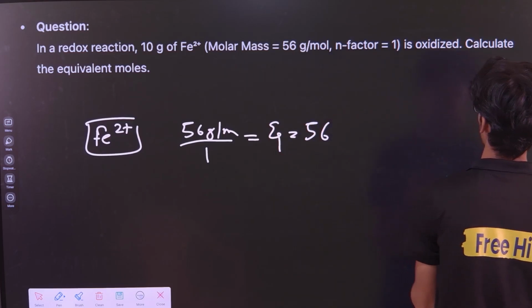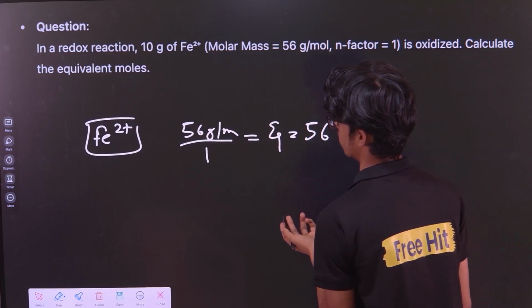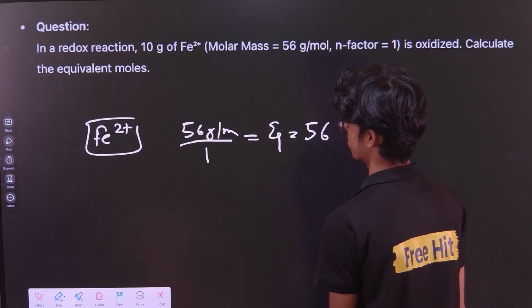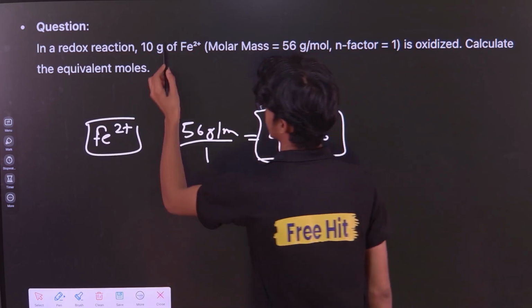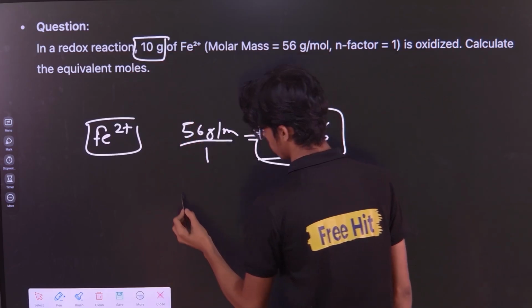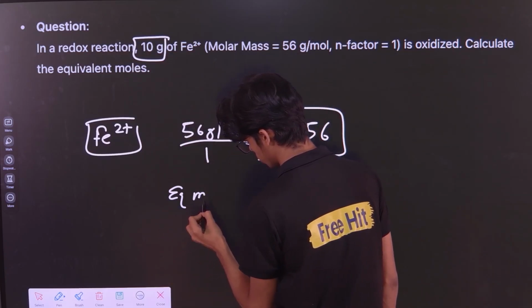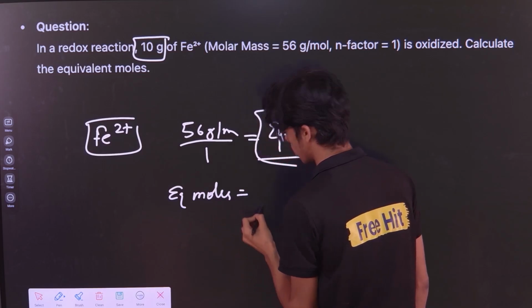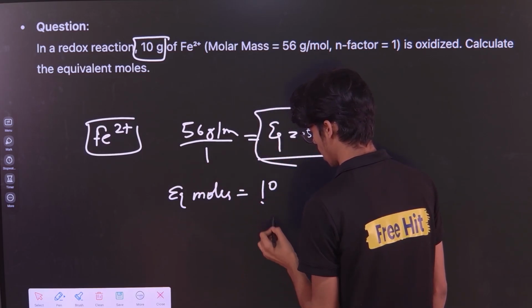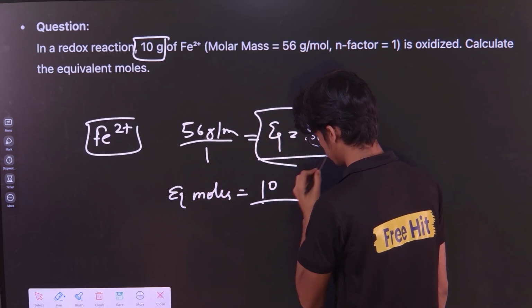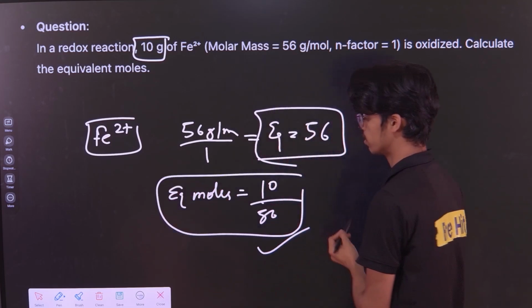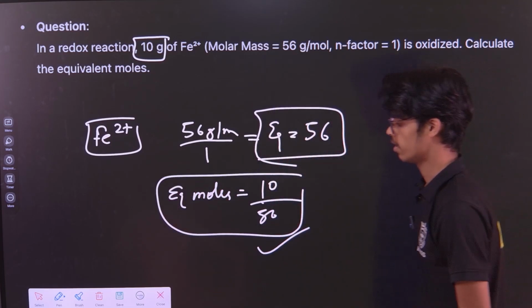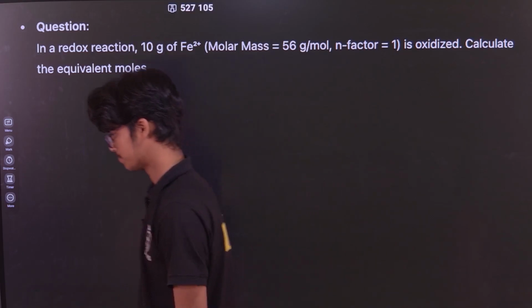So, it is oxidized, calculate the equivalent moles. We just need to calculate equivalent moles. So equivalent moles is what? Given mass upon equivalent mass, that is 56. So this is our answer, 10 by 56. I hope this question is understandable. It's nothing difficult.